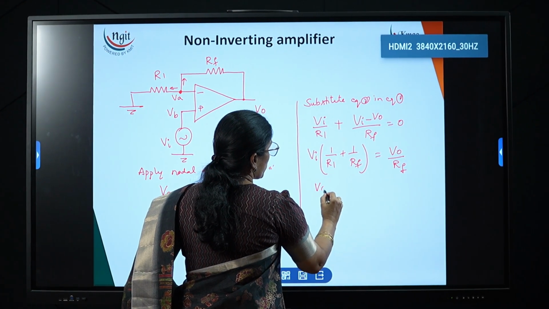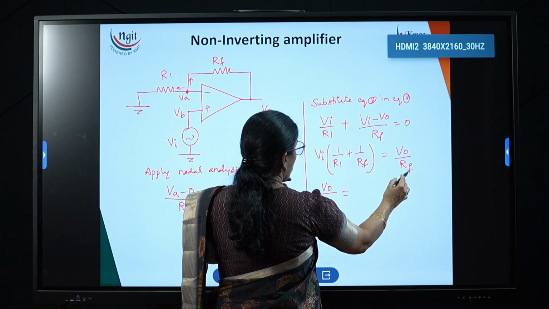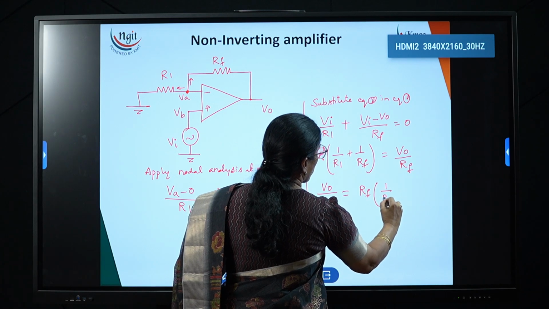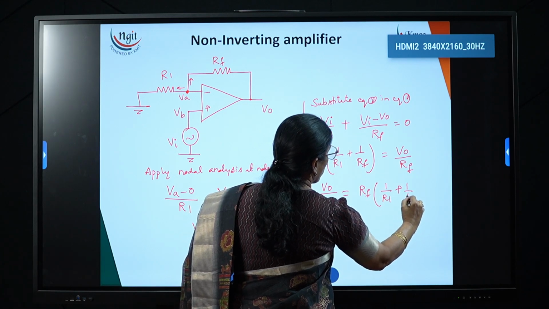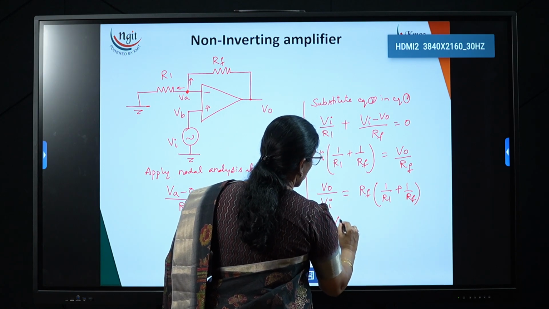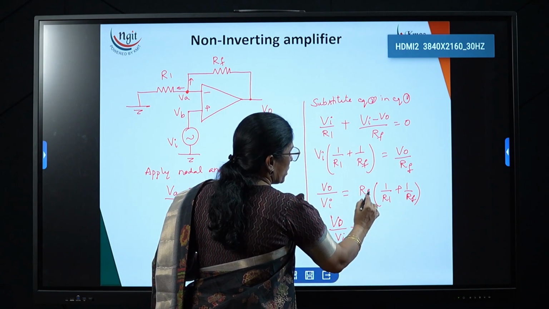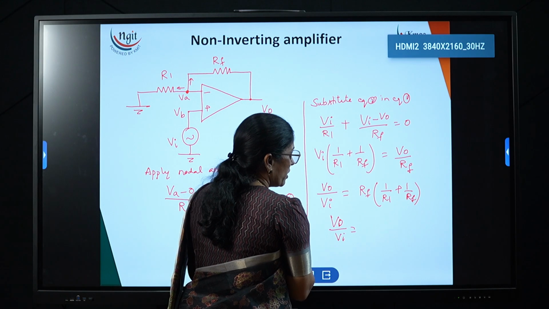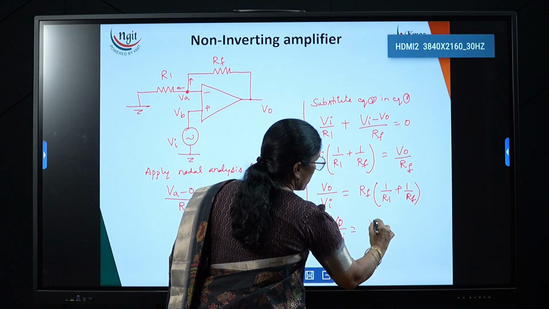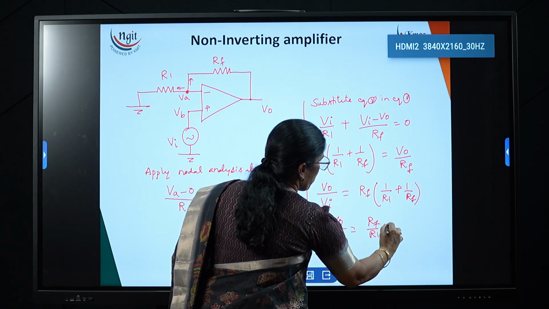So we need to write the expression V0 divided by VI. This is nothing but the gain. So if I send this RF to this side, RF into 1 divided by R1 plus 1 divided by RF. If we rewrite this expression, then we get V0 divided by VI is equal to, take the LCM and rewrite, RF by R1 plus 1.